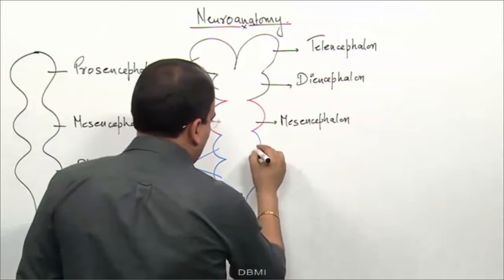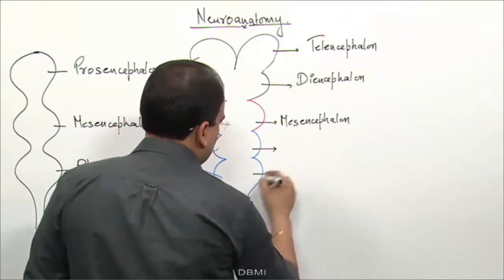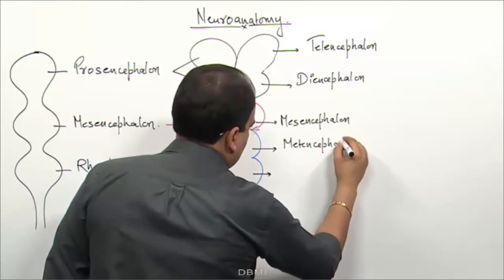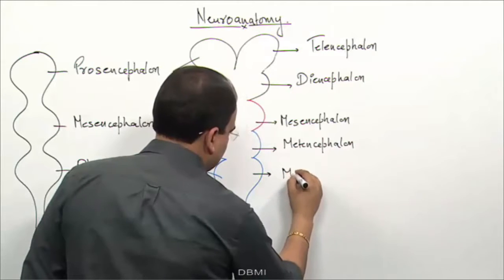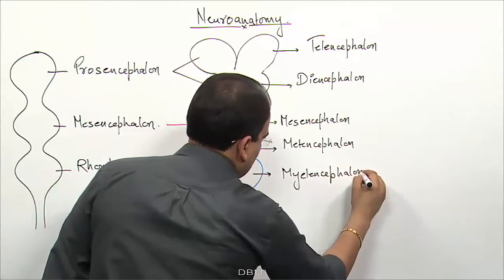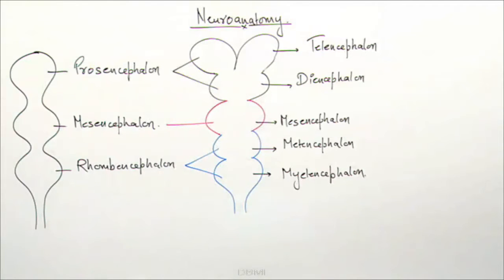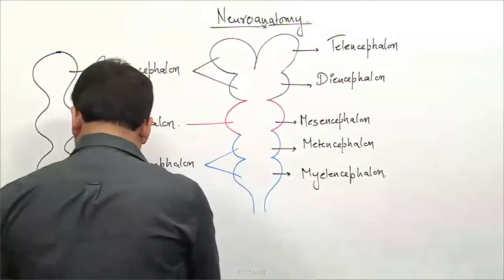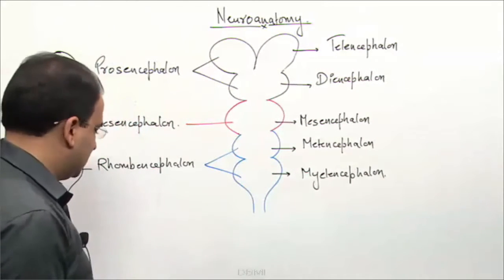And rhombencephalon is dividing into the metencephalon and myelencephalon. Telen, dien, mesen, meten, myelencephalon. So these are the further subdivisions of the primary brain vesicles.